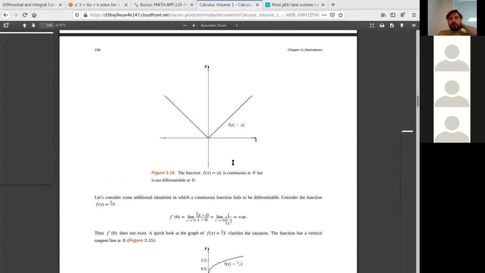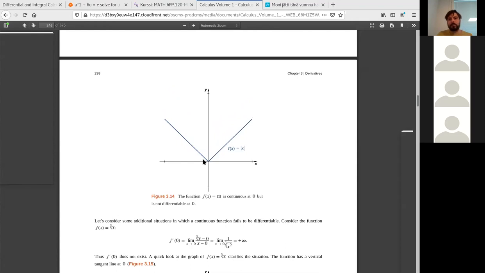Pertaining to the graphical intuition, if we look at this picture here, that's f of x equals the absolute value of x, then no matter how closely we look at this function, we can zoom in however far we like, it will actually look exactly like this at all levels of zooming. So it doesn't start to flatten out when we look at the origin.